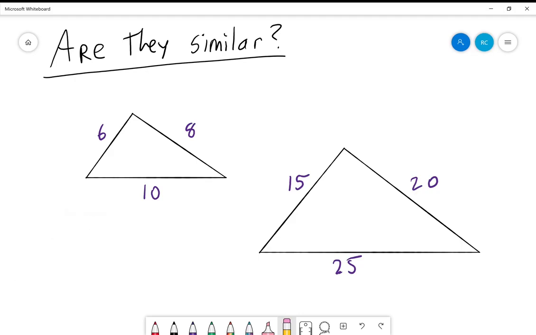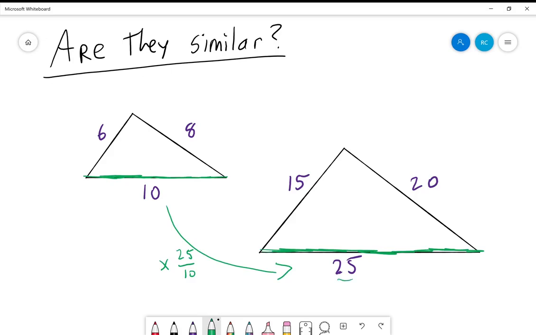So, for example, we've got this longest side here at the bottom, which is 10 for the smaller triangle and 25 for the larger triangle. So I want to know, what number do I have to multiply by to get from the 10 to the 25? Well, if you don't know, you can do some division and find out.